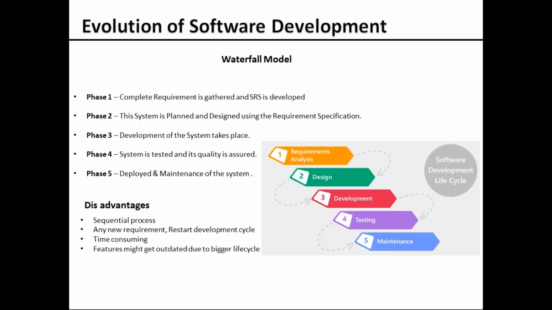Once the requirements are finalized, the second stage is the design phase. The software development team would design the project based on the requirements that the client has specified, like the infrastructure design or the project design.